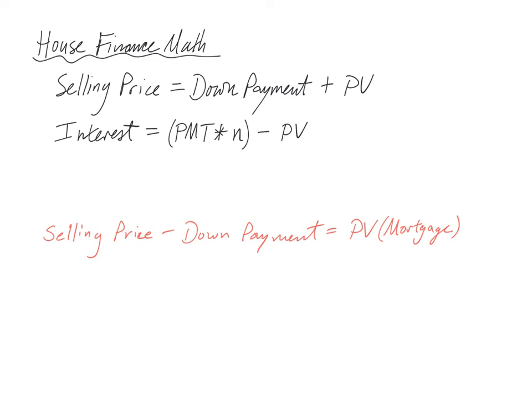You can go through and find the interest that was paid over the life of a mortgage simply by taking the payment and multiplying by the number of payments or the number of compounding periods, and then you can subtract the present value. And of course, the interest is going to be some obnoxious amount of money.